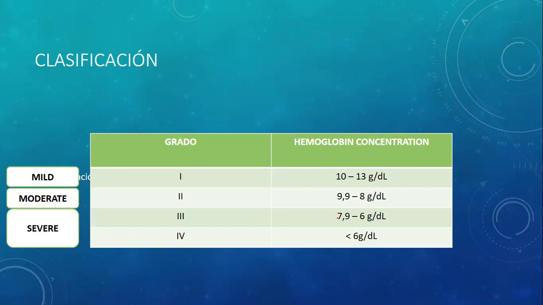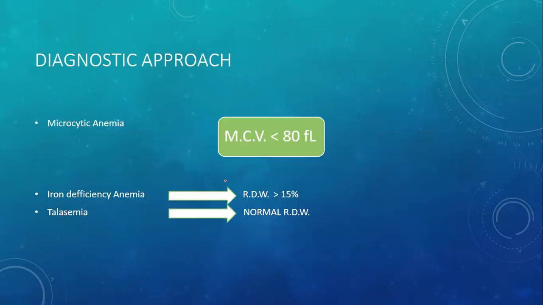So from 7.9 to 6, which would correspond to a third degree anemia, is also related to severe anemia, as long as fourth grade. Okay, this kind of graphic will be useful for you, especially at university.